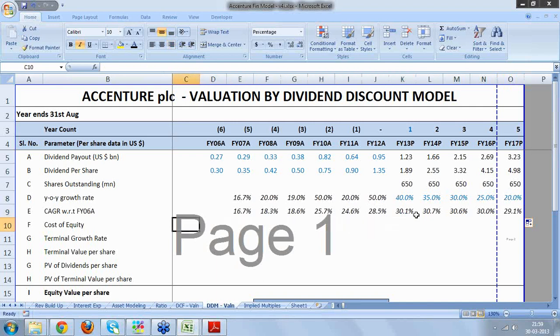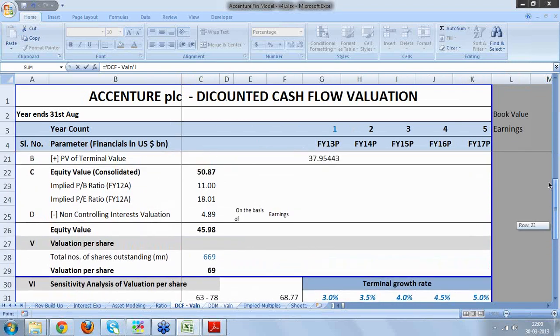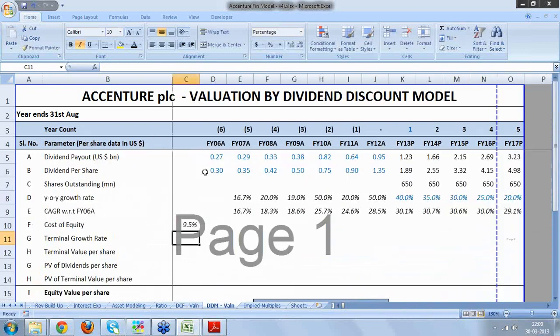Cost of equity I have already calculated, so this should be equal to the DCF valuation. I go back. This is the cost of equity. Terminal growth rate, I'll take again 4%. So terminal value per share is last year's dividend per share into within bracket 1 plus terminal growth rate, divided by within bracket cost of equity minus terminal growth rate.